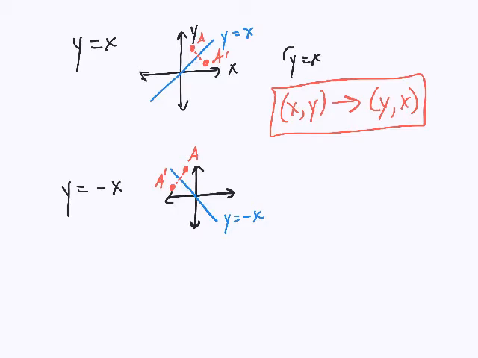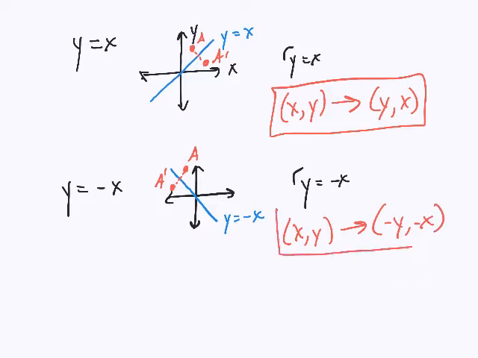You switch them and you negate them. So in symbols, it's reflection over y is equal to negative x. As a rule, x, y is going to map to negative y, negative x. So those are the four special lines. If you need to reflect over those lines, you can reuse these rules to do so.